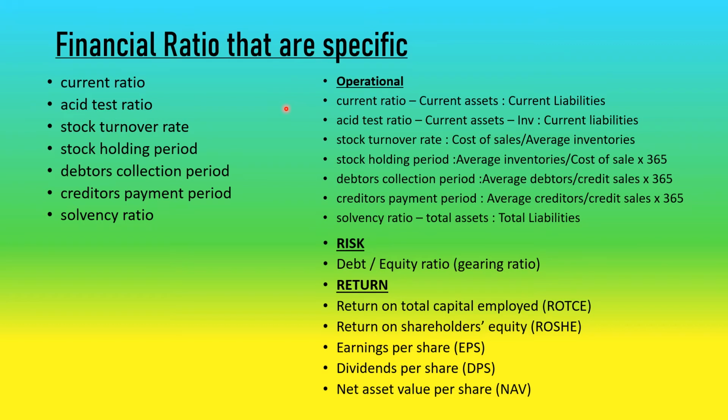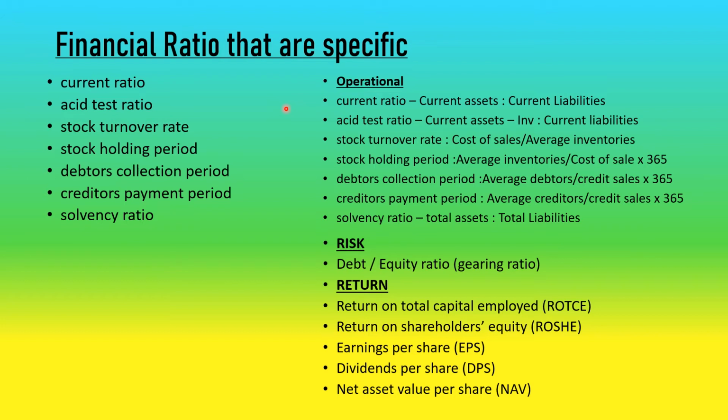Your asset test ratio is very similar to your current ratio, except in the asset test ratio, when you are using current assets, you exclude your inventory. The reason your inventory is being excluded is many people argue that your inventory is not easily convertible to cash, unlike your other current assets such as bank. You can quickly go to the bank and have your cash ready.